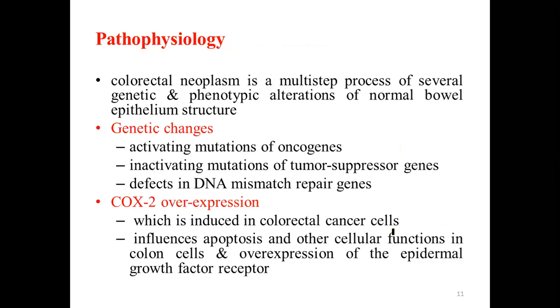Okay, now let me take you through the pathophysiology of colorectal cancer. It is a multi-step process that involves different alterations in the normal bowel epithelium. There is a possibility of genetic change and also expression of COX-2. That is why drugs that inhibit COX-2 are highly protective.